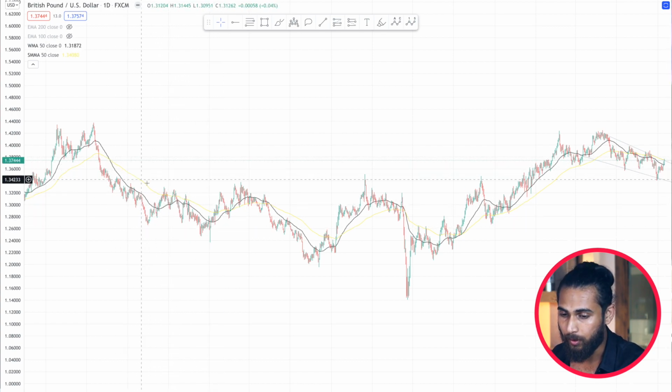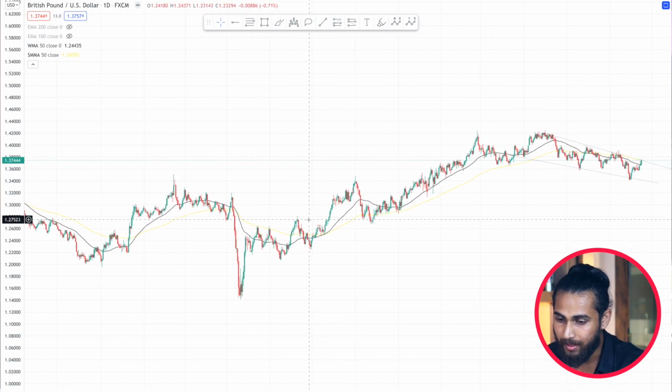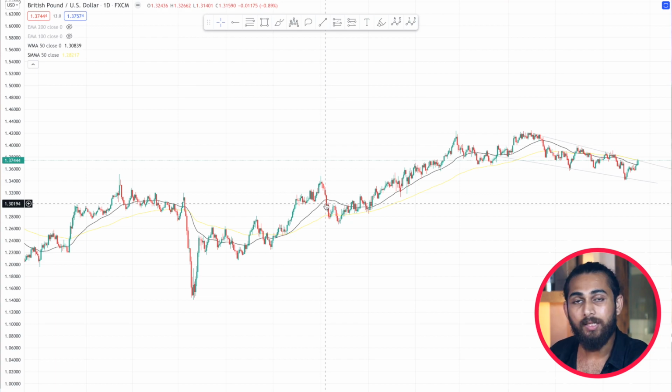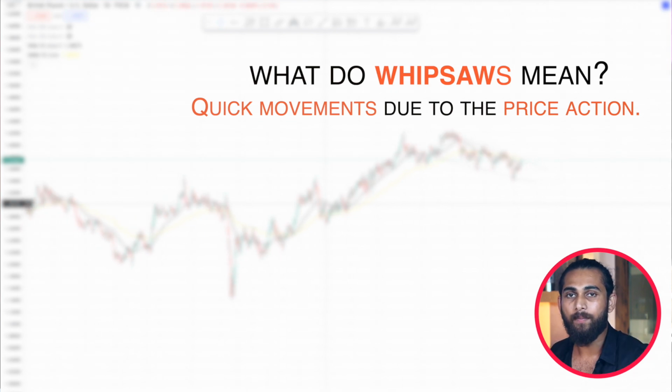It's moving so smoothly. And that's why I think it's called the smoothed moving average. The SMMA moves smoothly, that is, it does not get disturbed by any recent price data, but the WMA does get disturbed by every recent price data, and that is what whipsaws are: quick movements due to quick price action.